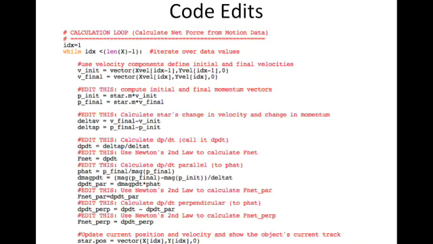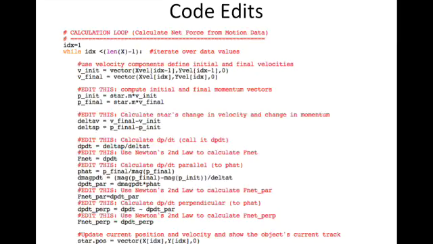For instance, fnet can be found using trig, while dp dt perpendicular is calculated by multiplying the magnitude of momentum and velocity and dividing by the radius of the kissing circle. dp dt parallel is equal to the magnitude of momentum final minus momentum initial divided by delta t, and then multiplied by p hat. And then fnet and dp dt are both found by adding their respective perpendicular and parallel components, and we know this is true because of Newton's second law.